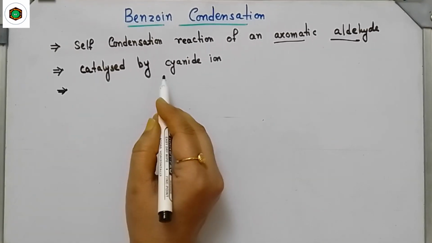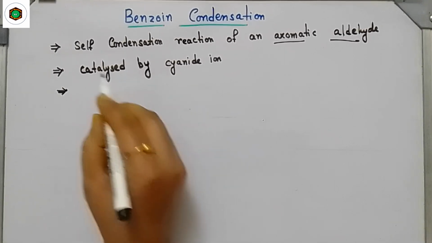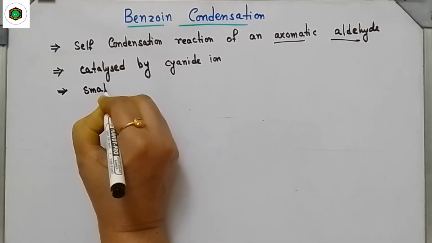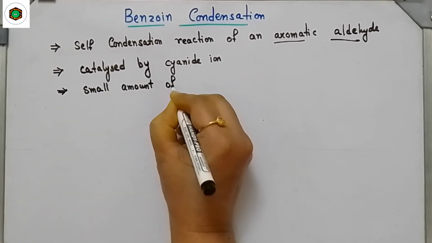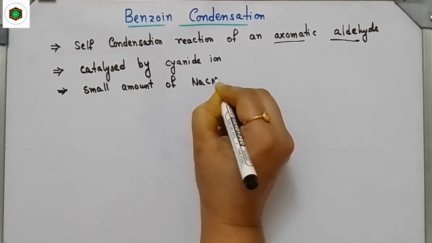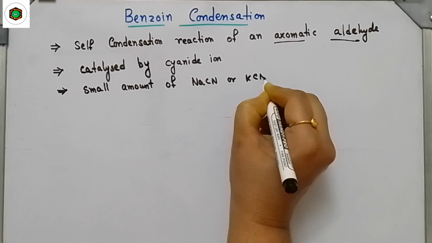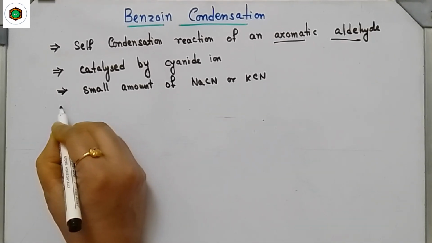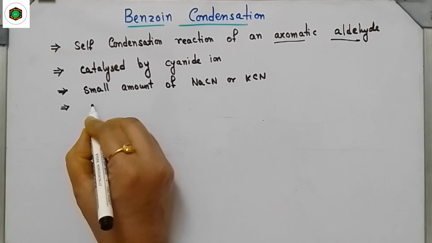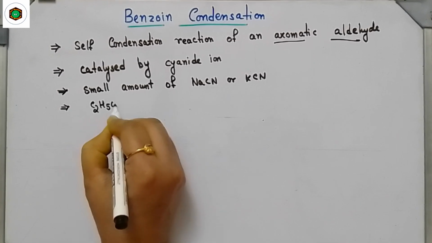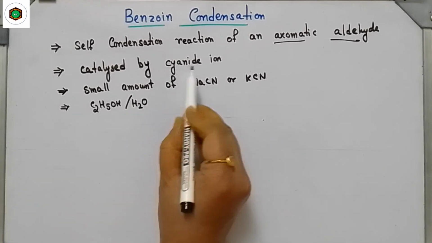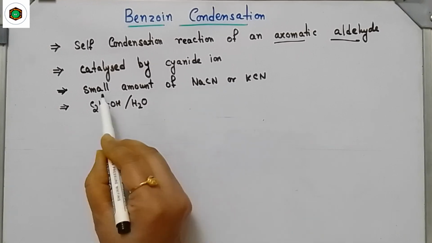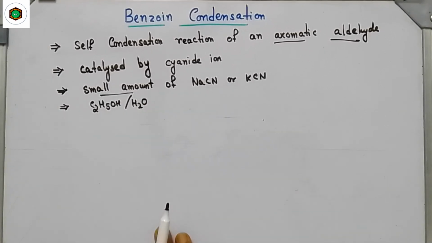So reaction is taking place in presence of small amount of sodium cyanide or potassium cyanide, and reaction is taking place in ethanol water system. Since cyanide is catalyst, so small amount of sodium cyanide or potassium cyanide is needed.